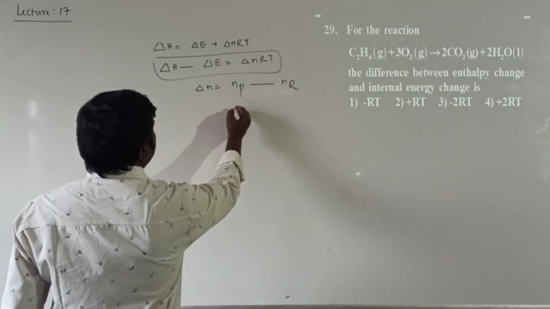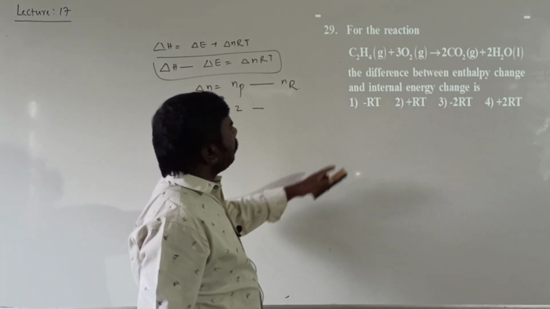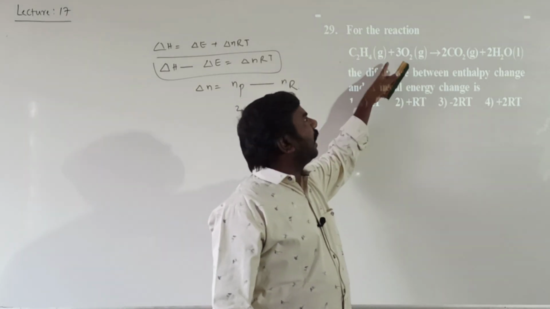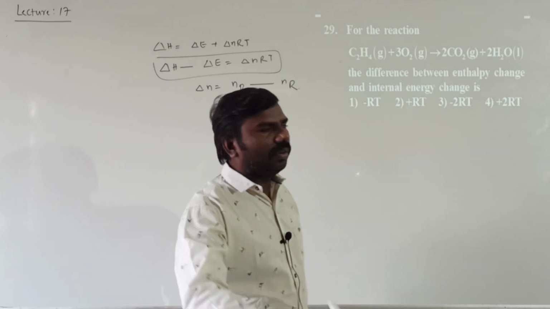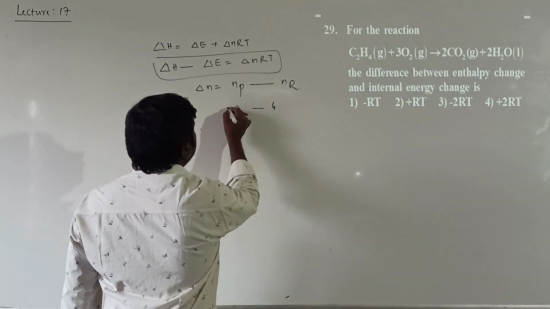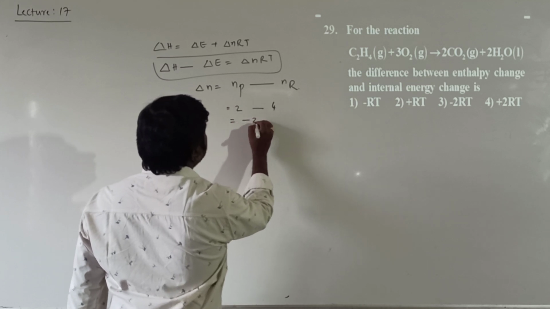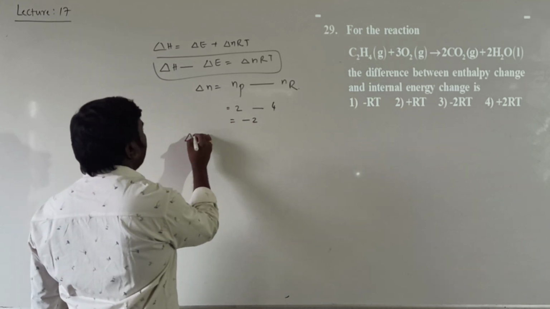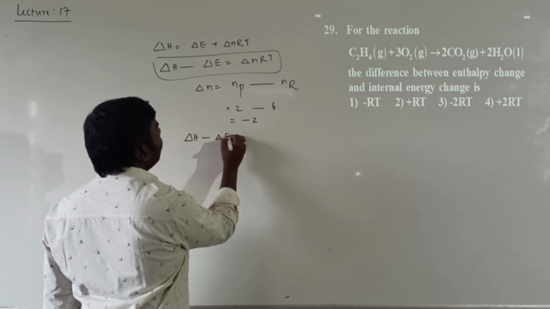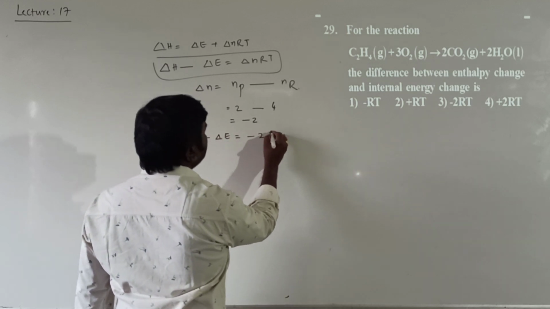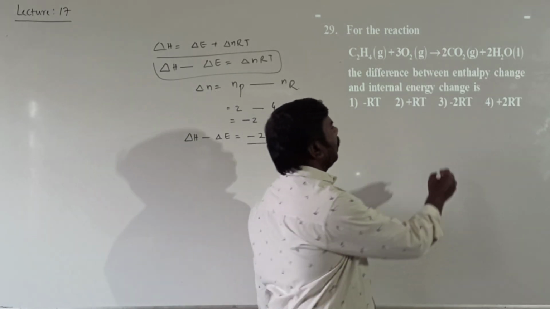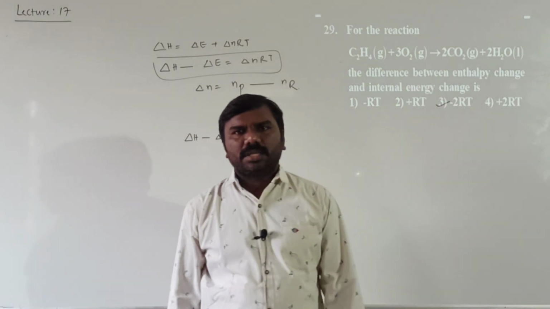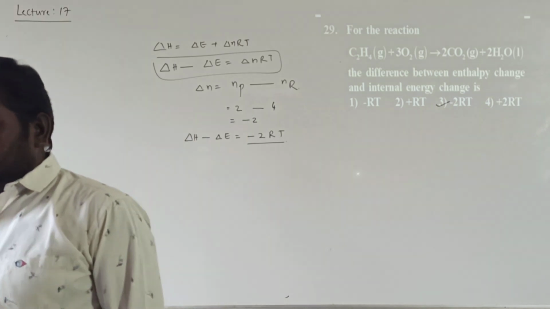That is 2 minus, reactants C2H4 gas and 3 oxygen gas, totally 4. That is equal to minus 2. So delta H minus delta E is equal to minus 2RT. Third option is the correct answer. Next.